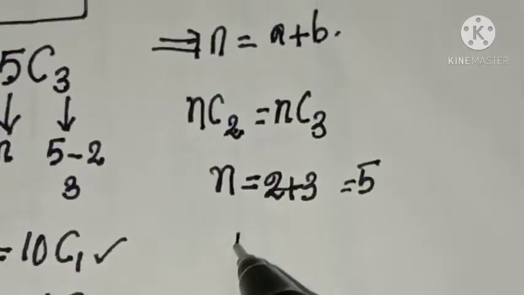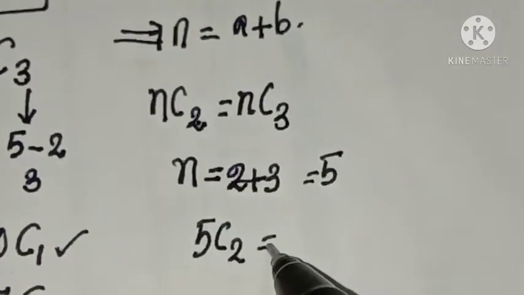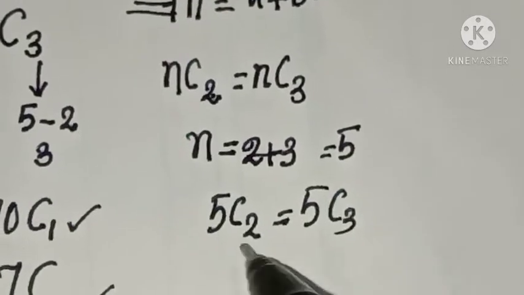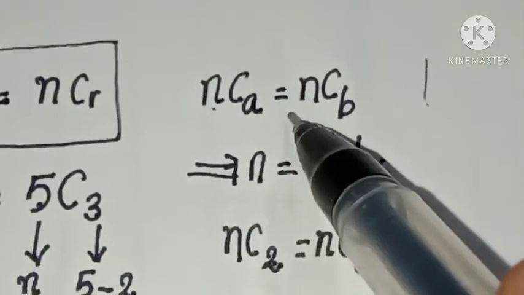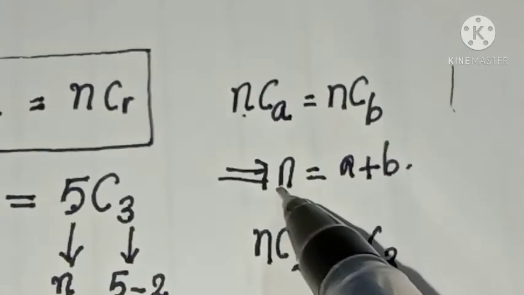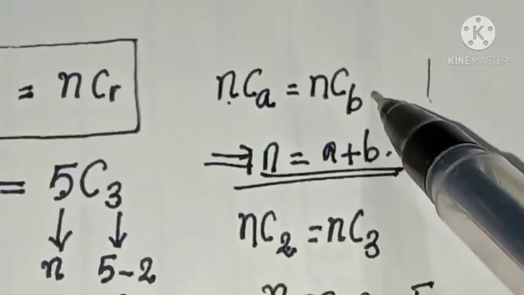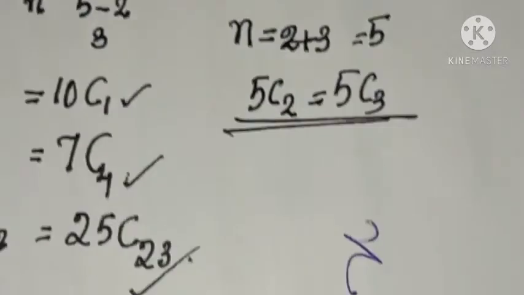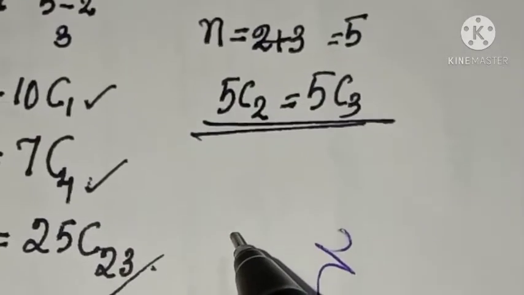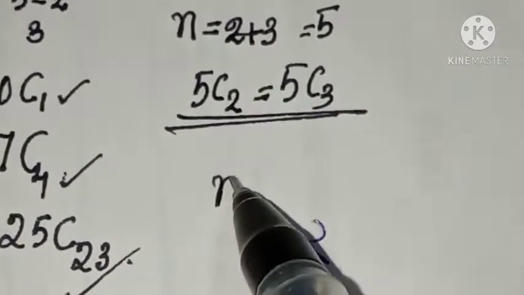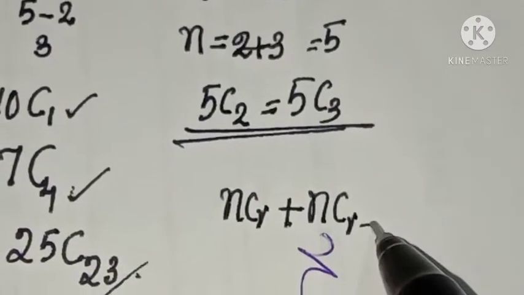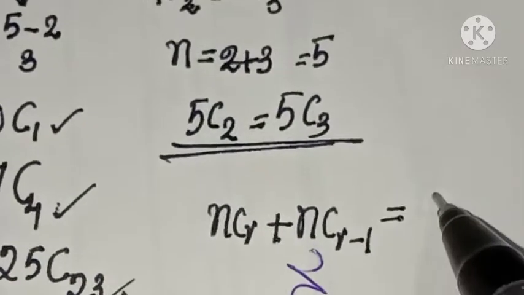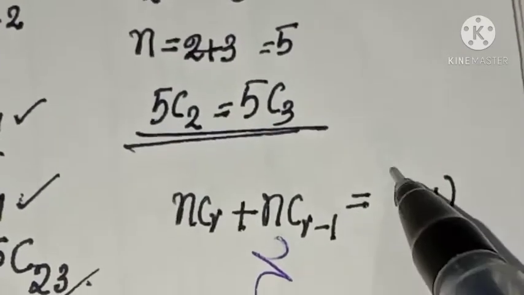Look here, 5C2 is equal to 5C3, isn't it? Yes. So if nCa is equal to nCb, then n is a plus b. This is another result. Now, one more result we need to see: nCr plus nC(r minus 1) is equal to (n plus 1)Cr.